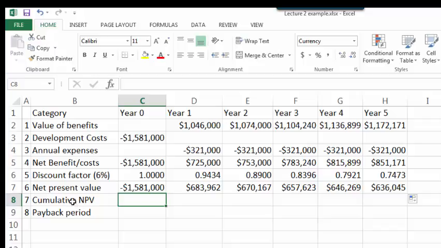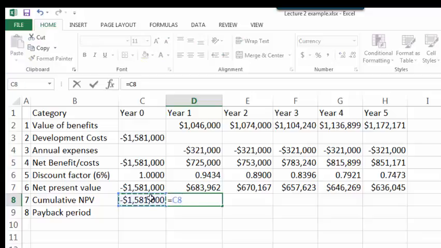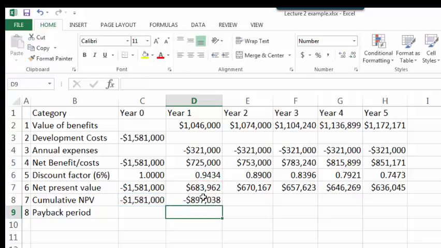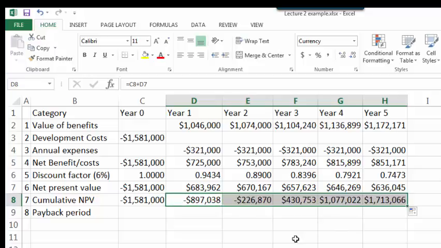The next step is to calculate the cumulative net present value. The initial year is just this one, a negative figure, and the second one equals the previous one plus this year's net present value. Similarly, we can drag to copy this formula to all the other cells.